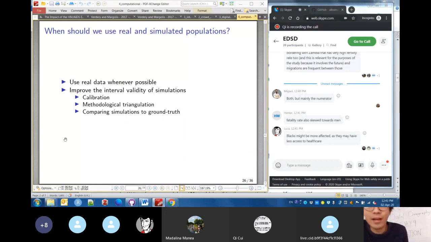You can triangulate with other methods. I have several examples here of work we're doing where we compare simulations to other methods. We're not going to really cover them, but they are in the slides if you want to look at them. And then you can compare the outcomes to ground truth.